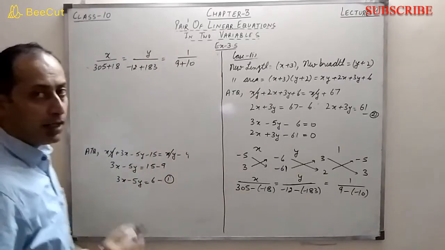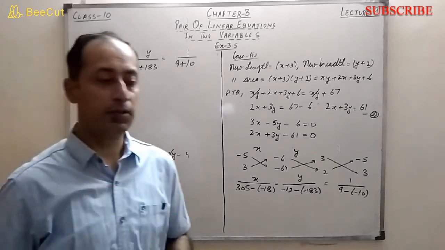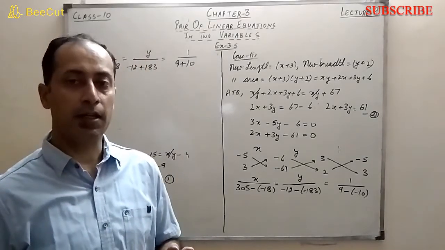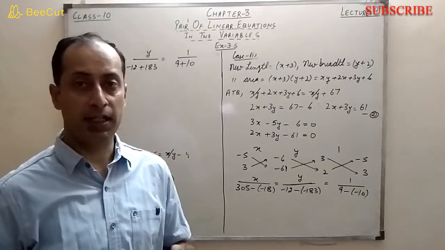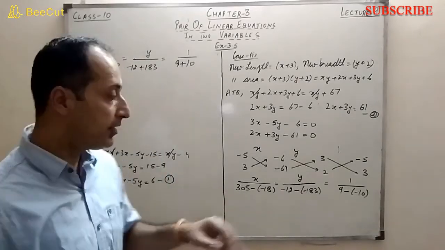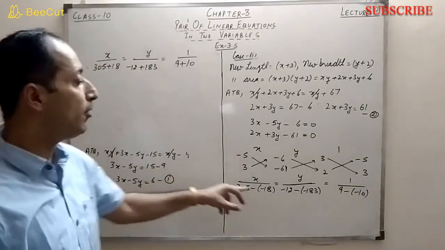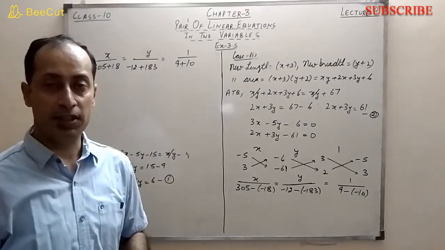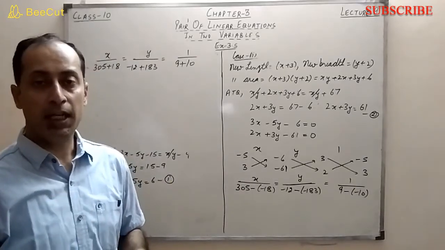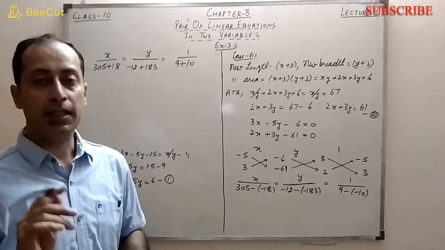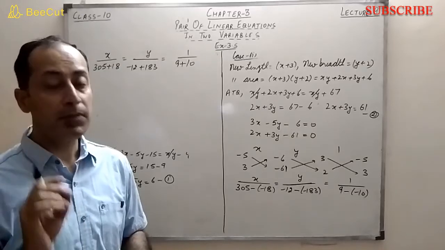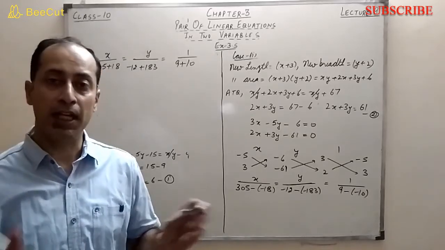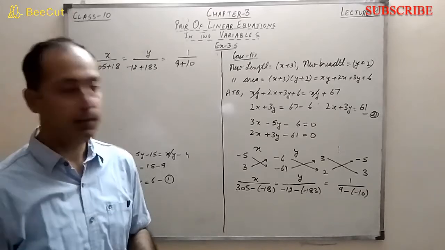See, never try to skip a step. If you skip any step, there is bound to be a chance that you get it wrong. If I skip the step from here to here, this is a very important step which I am carrying out when I am opening the bracket and changing the sign. If you miss out this step, a mistake is bound to happen, and just at the end of the question, all the effort goes to waste.